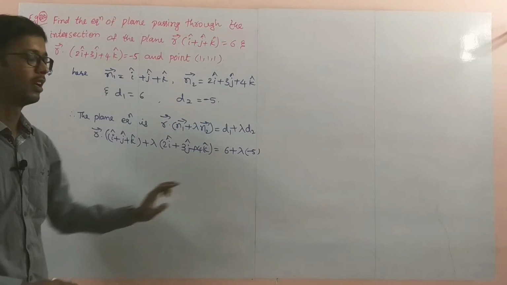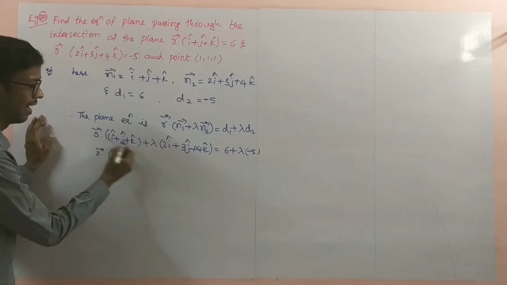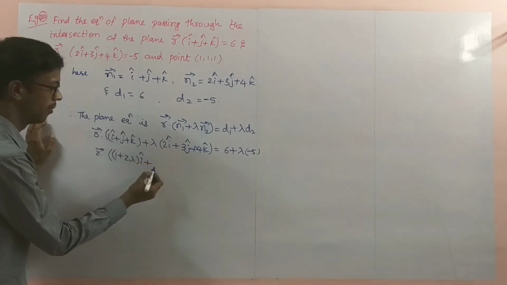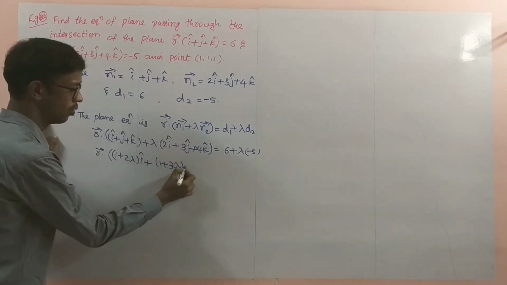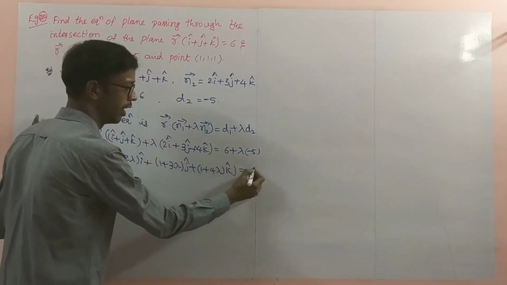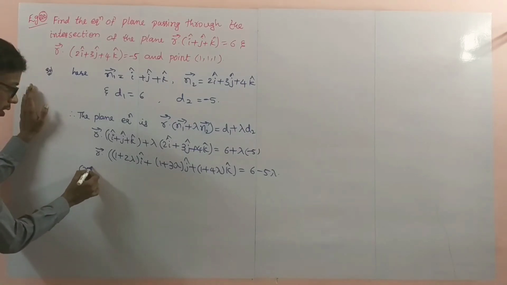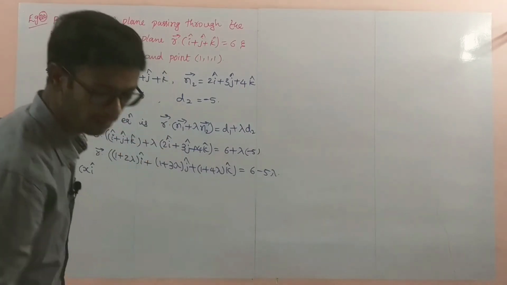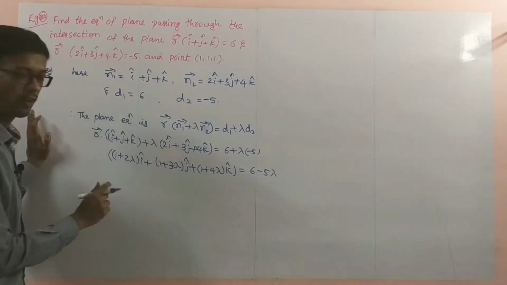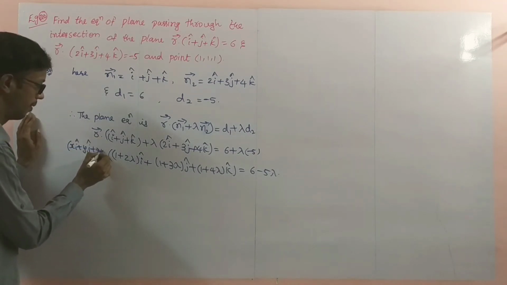So substitute here. Now you have to simplify. r bar dot ((1 plus 2 lambda) i cap plus (1 plus 3 lambda) j cap plus (1 plus 4 lambda) k cap) equal to 6 minus 5 lambda. We know the r bar vector is x i cap plus y j cap plus z k cap.